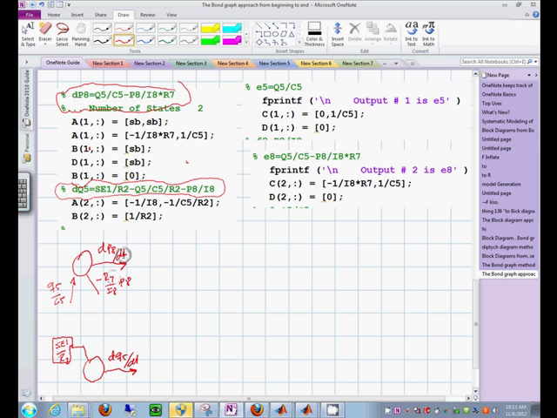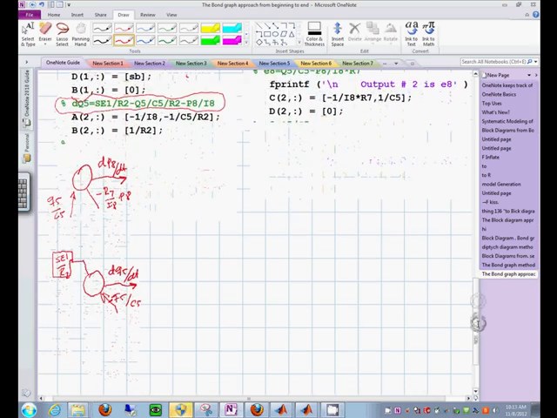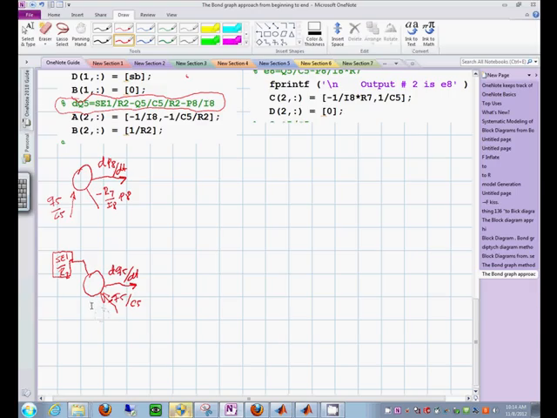And then you have Q sub 5 divided by C sub 5, and then P sub 8 divided by I sub 8.